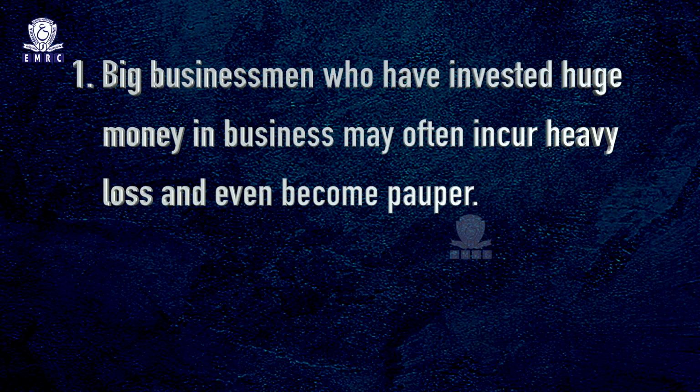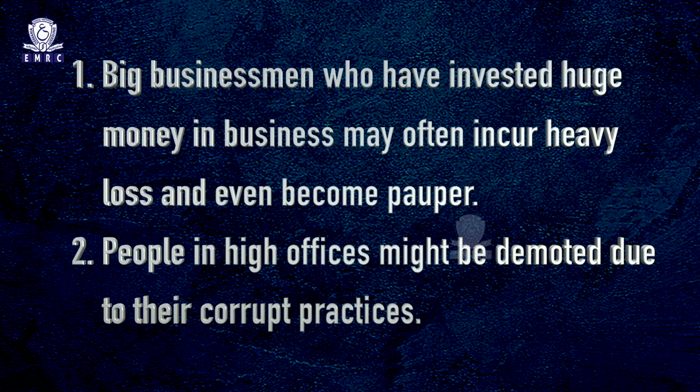It means individuals' attempts to go up in society are not destined to be successful. Often they stand to lose their positions. For example, big businessmen who have invested huge money in business may often incur heavy loss and even become paupers. Number 2, people in high offices might be demoted due to their corrupt practices, and so on.